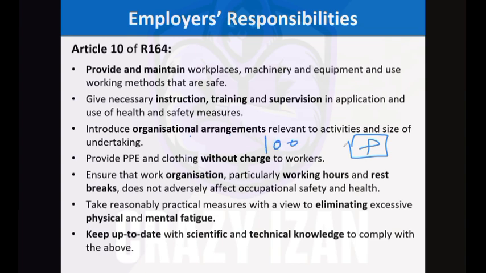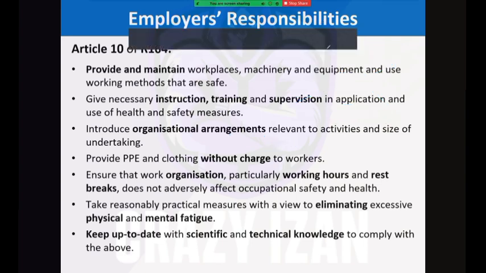You need to provide one first aider for every 50 people. So giving one first aider for 500 people is not sufficient. You need to give at least 10 first aiders for 500 people, because there should be one first aider for every 50 people. That's a legal requirement. And there should be one first aid box for every 100 people as well.